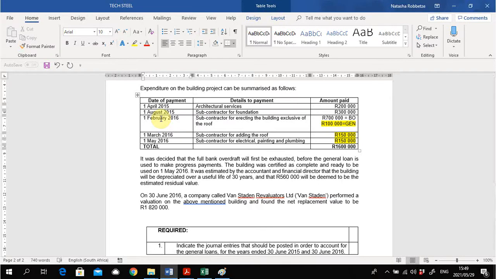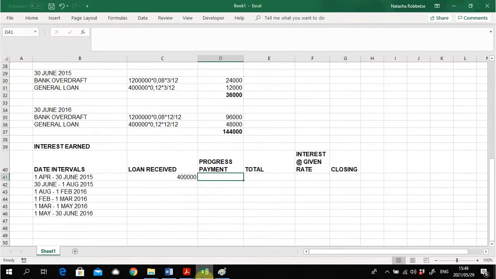2016. Going back to my calculations, there is no progress payment for the 1 April interval, for 30 June, or for August, but the progress payment will only come into play on 1 February.